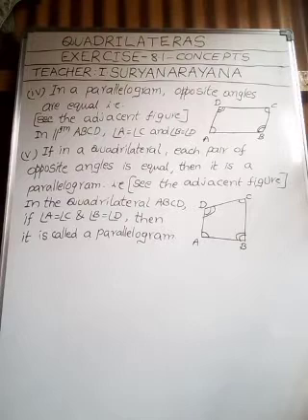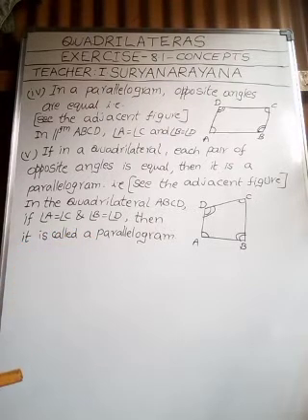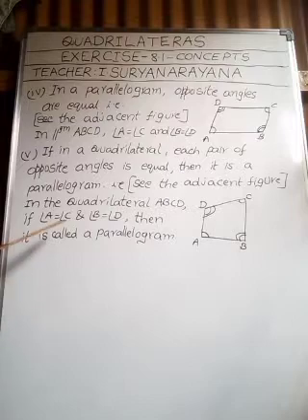Similarly, if you want to show this with the help of angles only, then we have to prove that each pair of opposite angles is equal. Then it is enough. Then automatically the quadrilateral is said to be a parallelogram. Okay, my children, understood this point? Right.